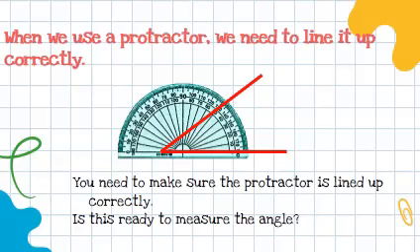The first condition is that one of the arms should be on the 0. If you look at this angle, you should start from the right, so you should start from this 0. That's the condition when I told you it's either you start from the right or from the left. It depends on the position of the angle. So we are going to start from 0, but is this ready to measure the angle?